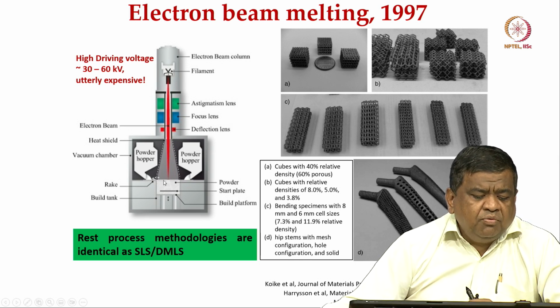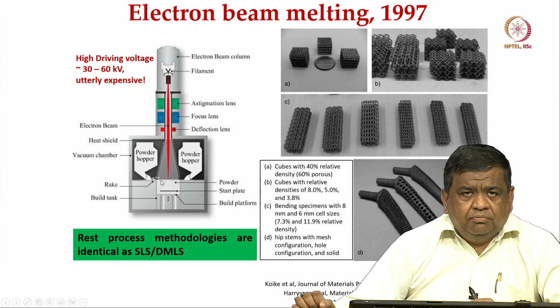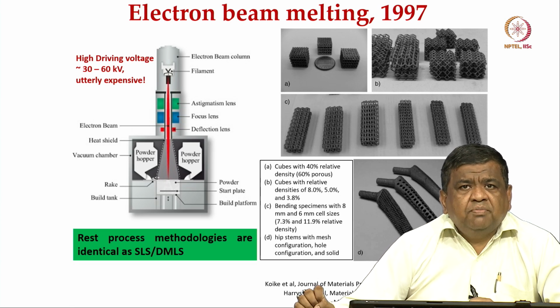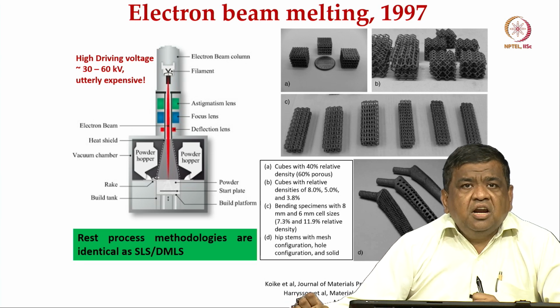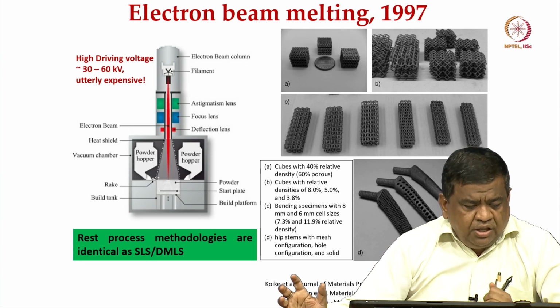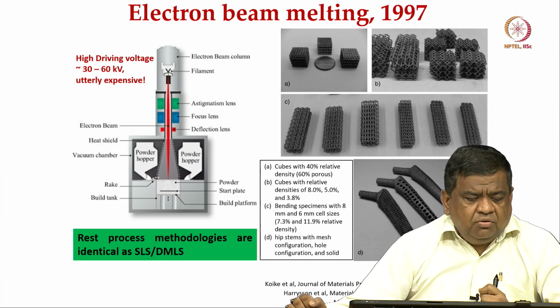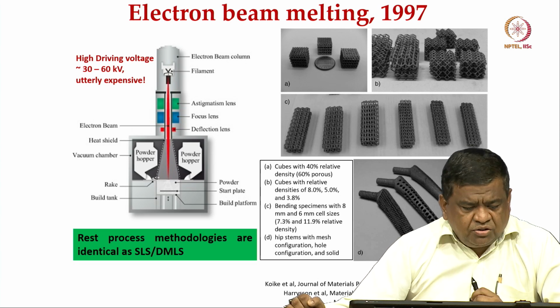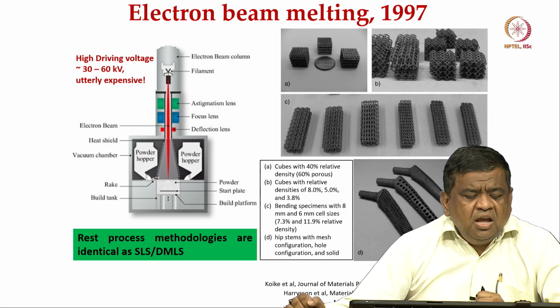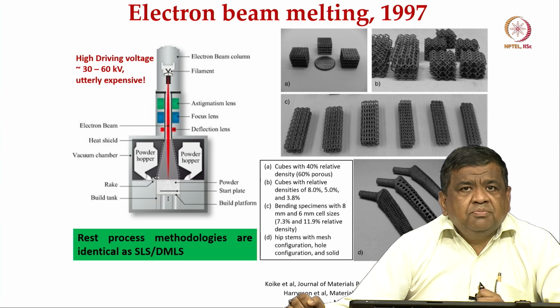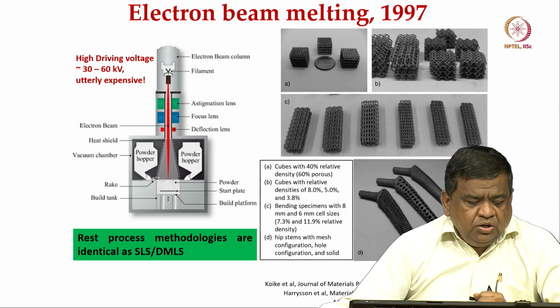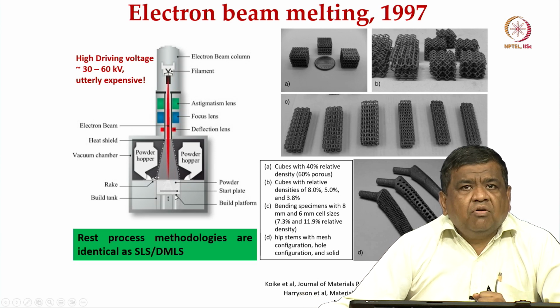This powder hopper supplies powders of a specific material whose component is to be manufactured in a regulated manner, with inert gas shielding to minimize any oxidation of these materials. And here again there is a base plate or start plate, and the powder must be of identical composition. You can see there is a rake, a build tank and a build platform.